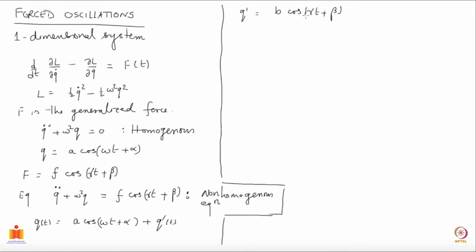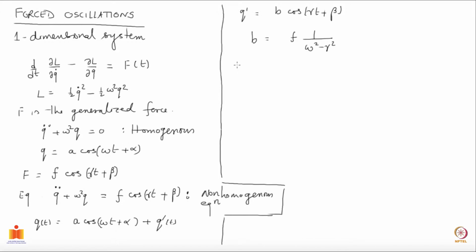That's what I look for, because that's what you have on the right hand side. And if I substitute this in the equation of motion, I immediately get b equal to f times 1 over omega square minus gamma square.